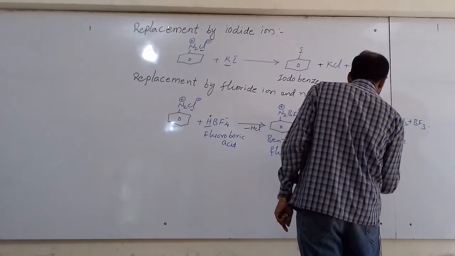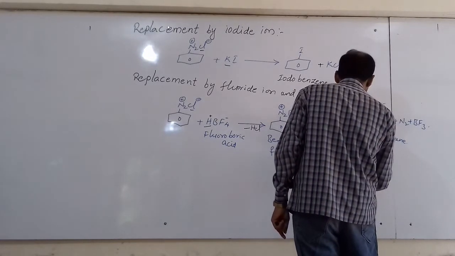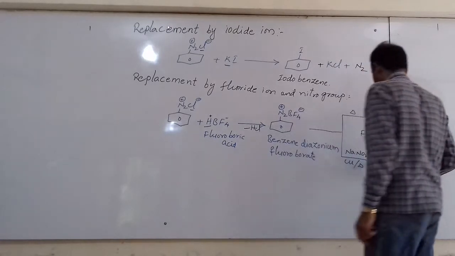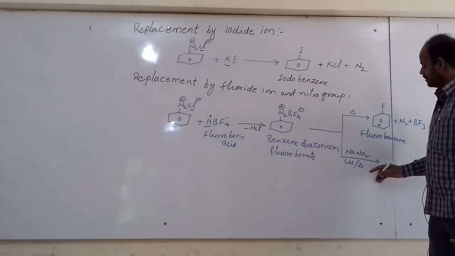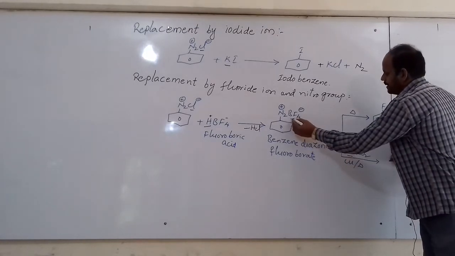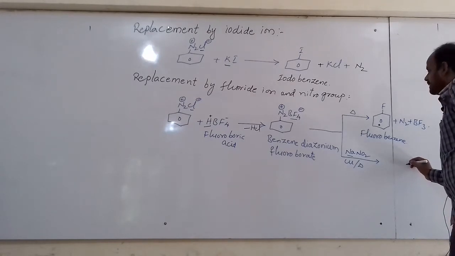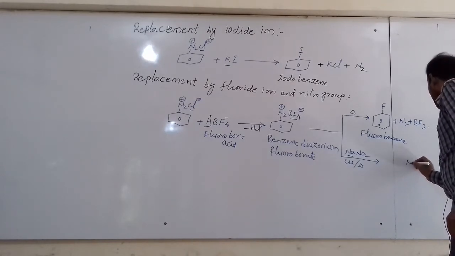Otherwise, take the same compound, benzene diazonium fluoroborate, and heat it with NaNO2, sodium nitrite, in the presence of copper. Then Na plus and BF4 minus combine and are removed as NaBF4, sodium fluoroborate.